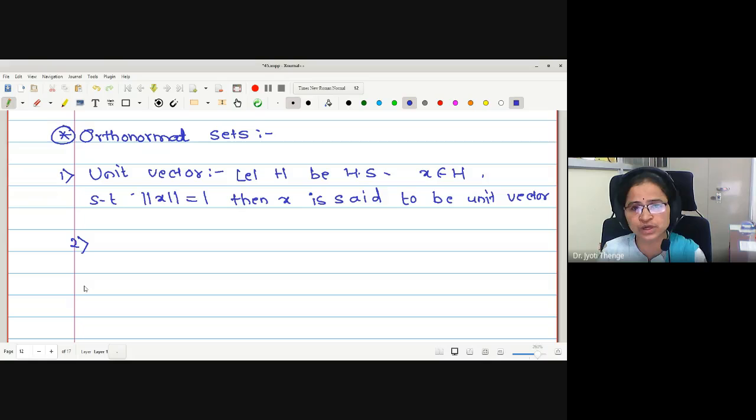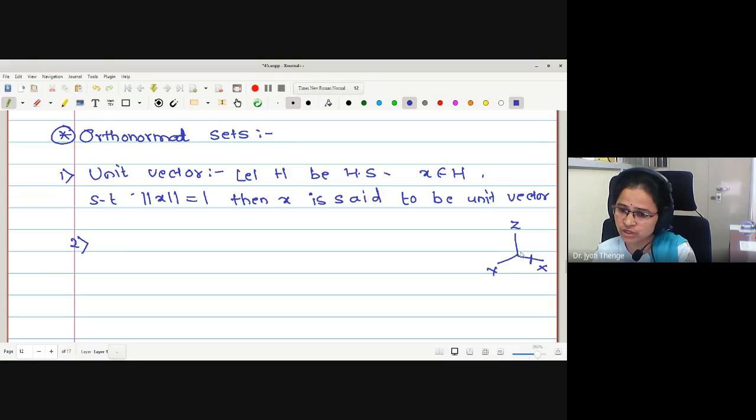For example, in a three-dimensional space, we have the coordinate axes, na? X-axis, y-axis and z-axis. All the three axes are mutually orthogonal. X is orthogonal to the remaining two. Y is orthogonal to x and z. Likewise, all the three axes are mutually orthogonal.